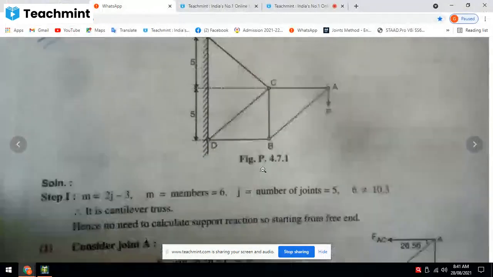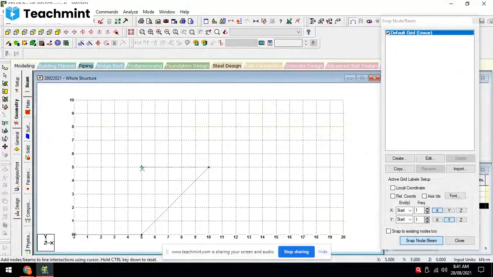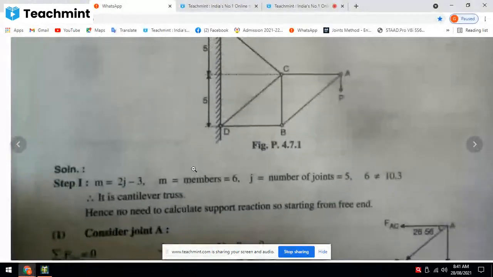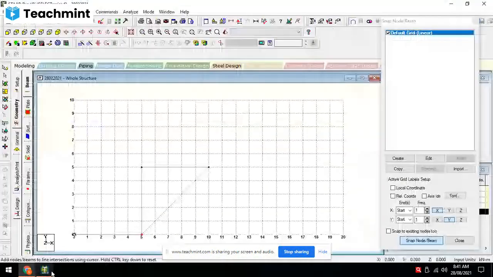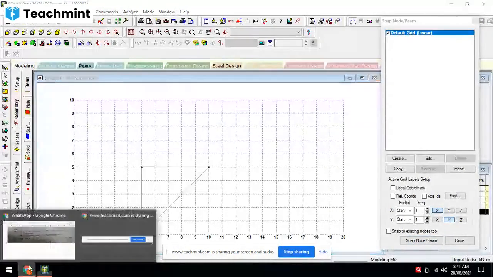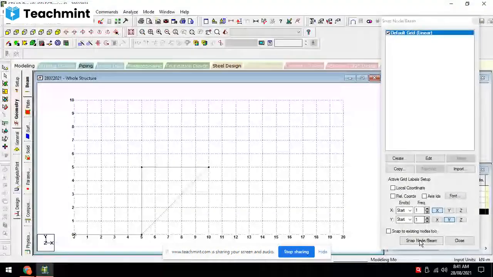Then 5 reverse, then vertical 5. Then after that this is created, then incline. We'll connect this line.